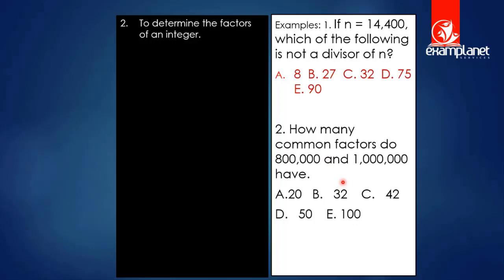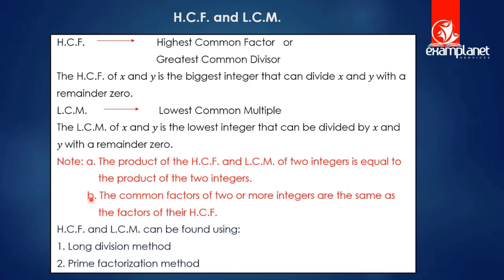Remember, we already talked about common factors. So we're looking at the number of common factors of 800,000 and 1 million. Now before we go to the solution of this question, I want you to recollect something that we discussed in the last class, which is this note B that says the common factors of 2 or more integers are the same as the factors of their HCF.